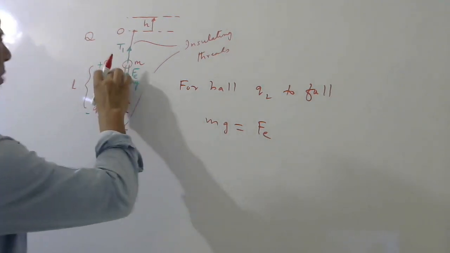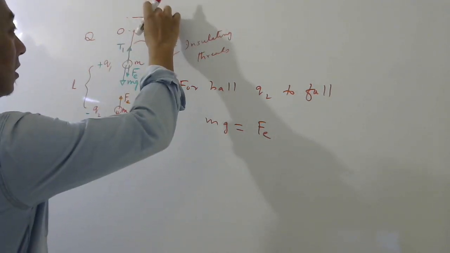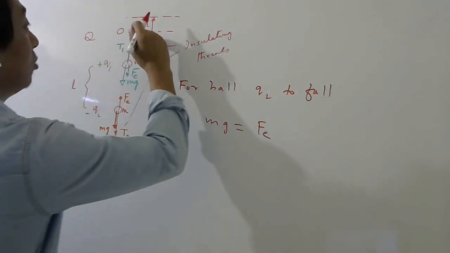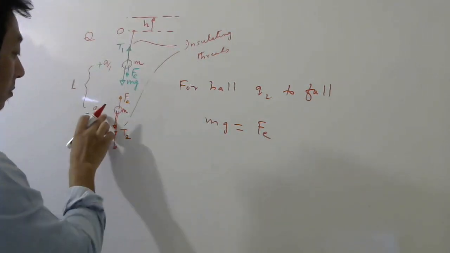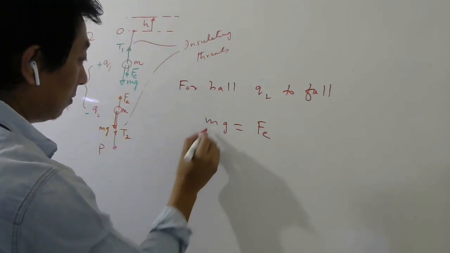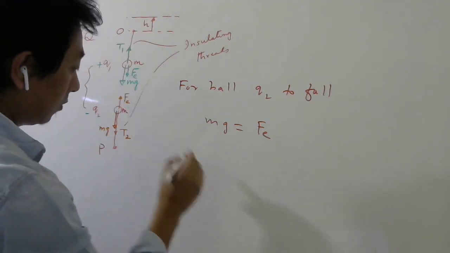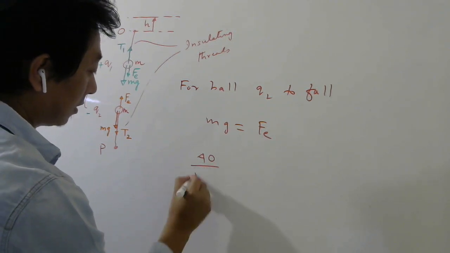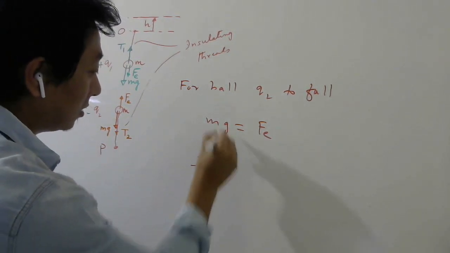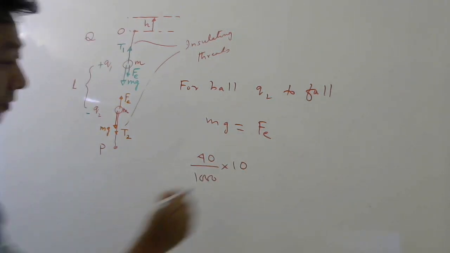Not right now, okay, when you take it here. Because the question was, here it was already in equilibrium. How much should you move so that this ball will fall? So once you move here, what was M? M was 40 grams. So 40 by 1000 kg. Convert everything in SI units. G value you can take 10.